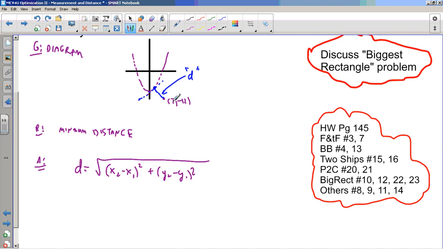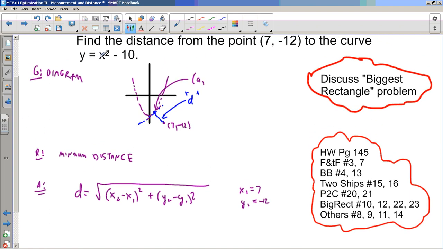Well, what do we got? One of the values is 7, right? X1 is 7, and Y1 is negative 12. Well, what's this point right here? That point is the point, let's call it A, for the input A. Then if X is A, the output is A squared minus 10.